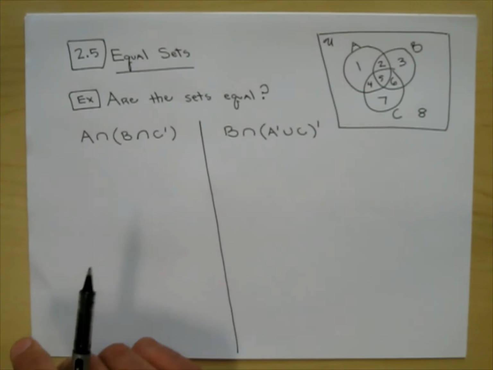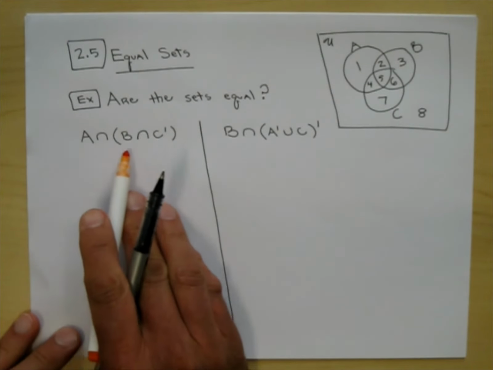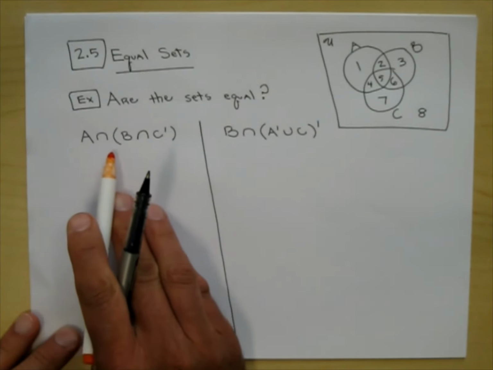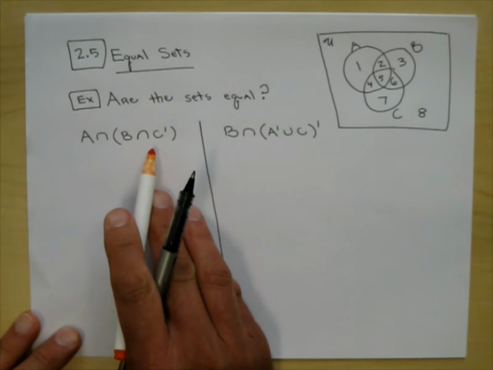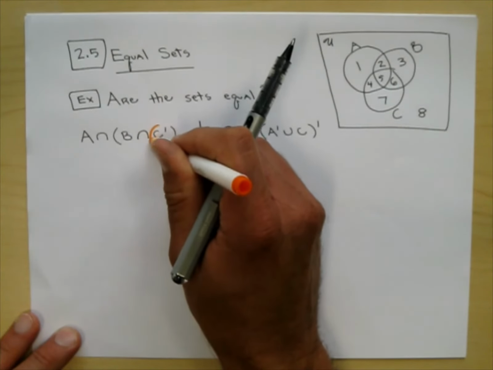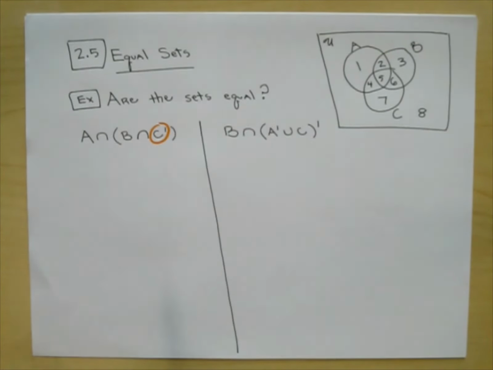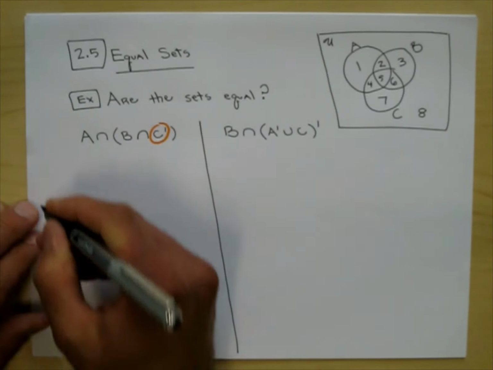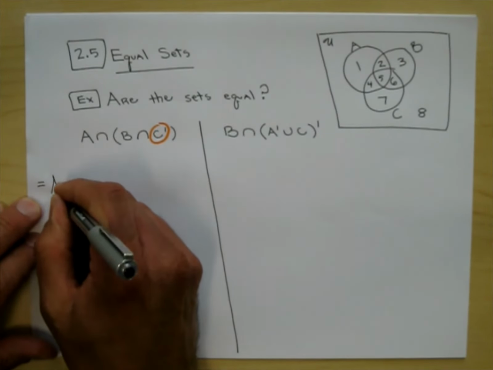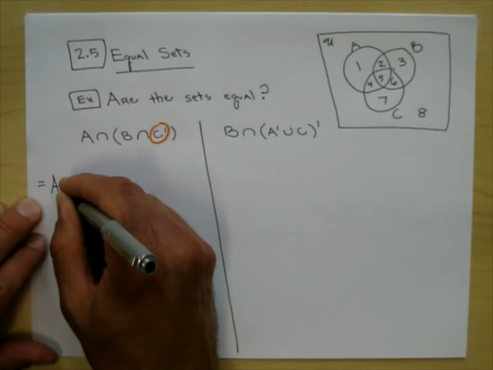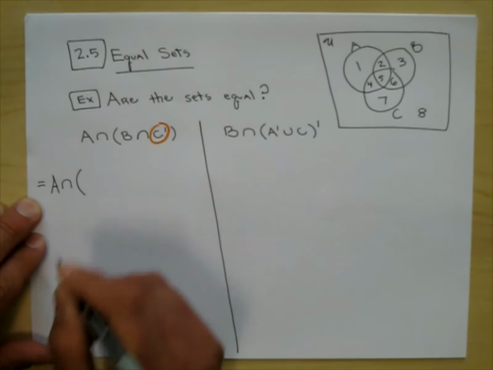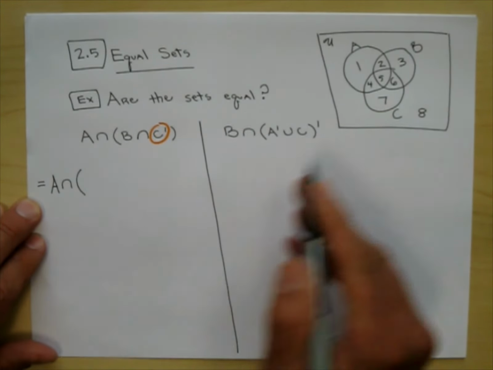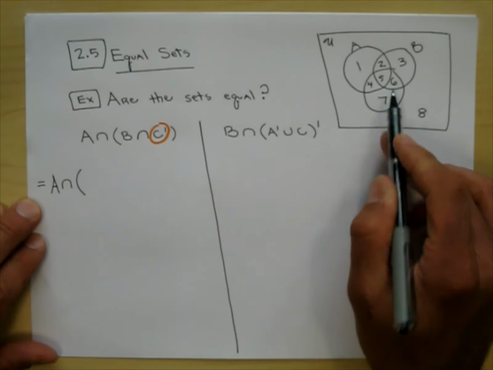I'm also going to speed things up, and on this one I'm going to say, well, what has to be done first? The parentheses, and inside the parentheses, the complement. Okay, so here is set A, which I'll write later, intersect with B, which is 2, 3, 5, 6.